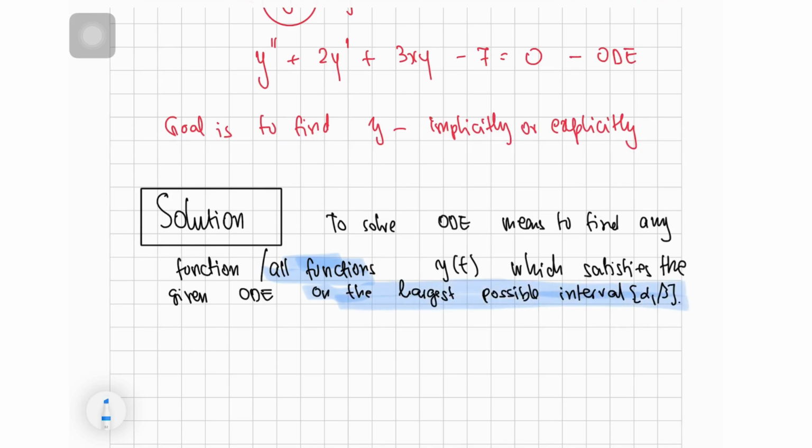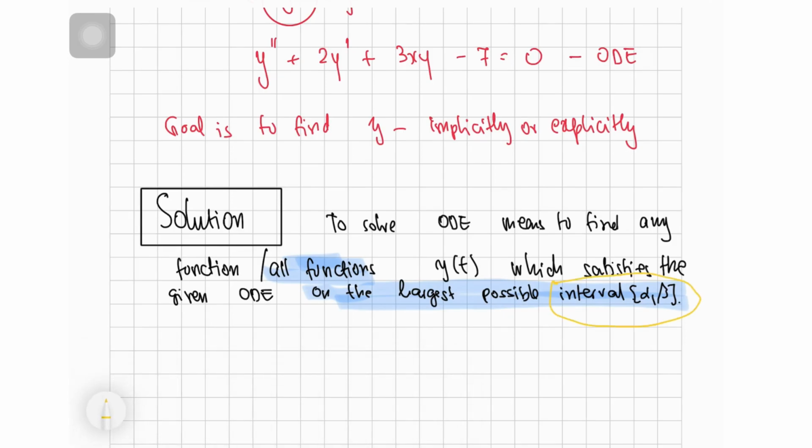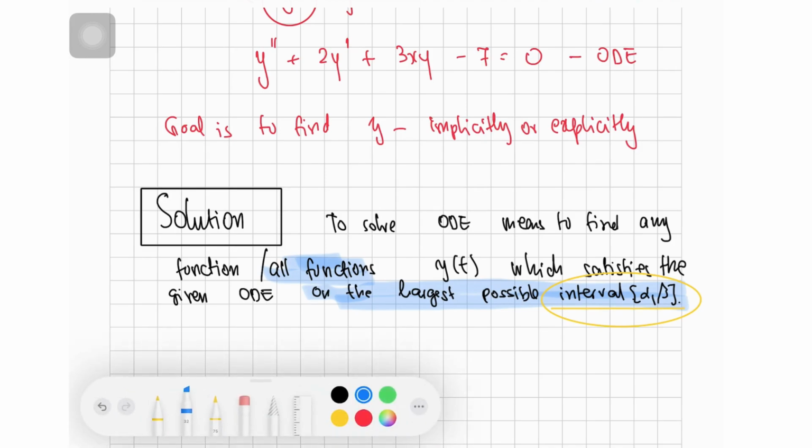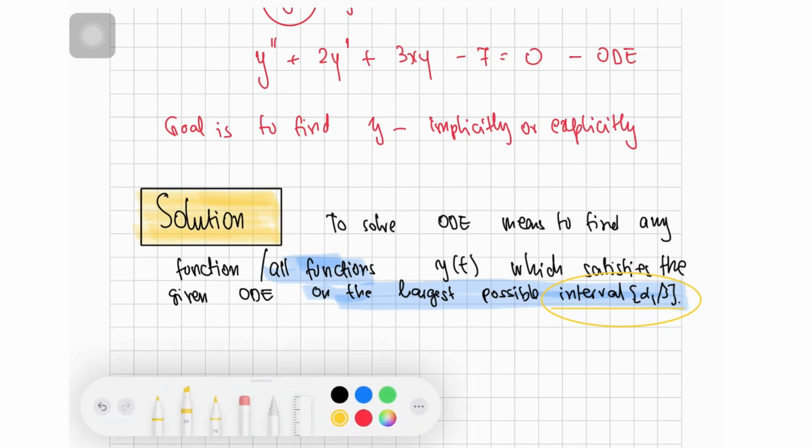So we need also to specify for the solution, in the general case, on which interval that is happening. Okay, so that's an important concept here. The concept of the solution, of course, is the central concept in this theory.